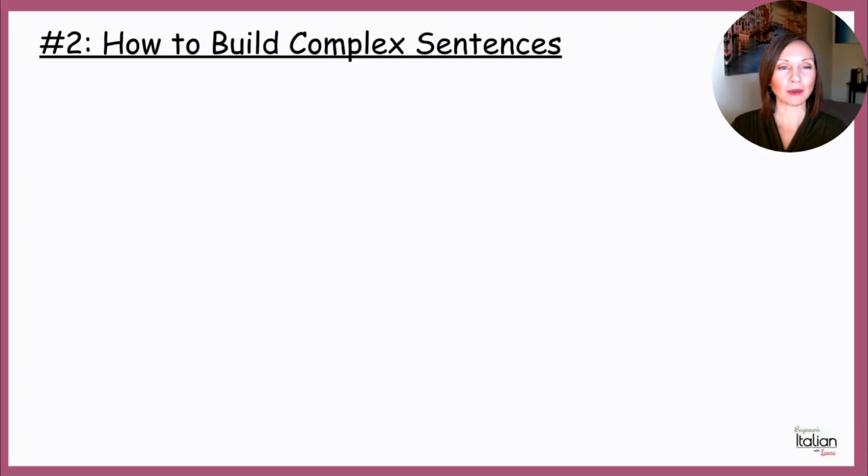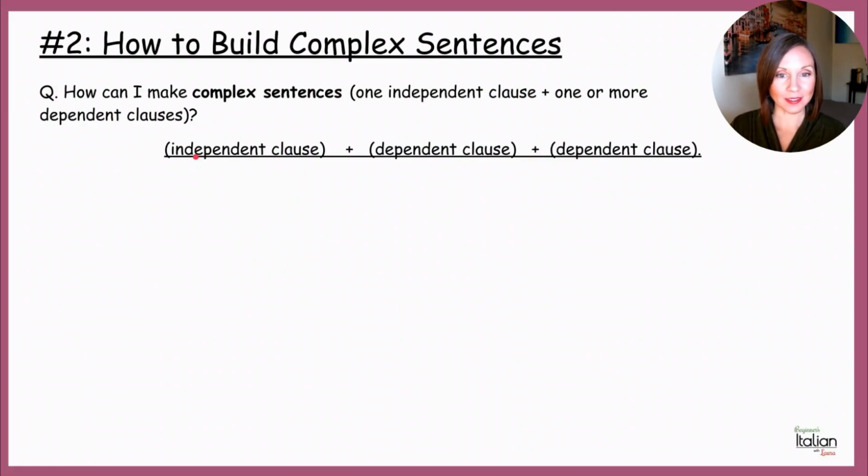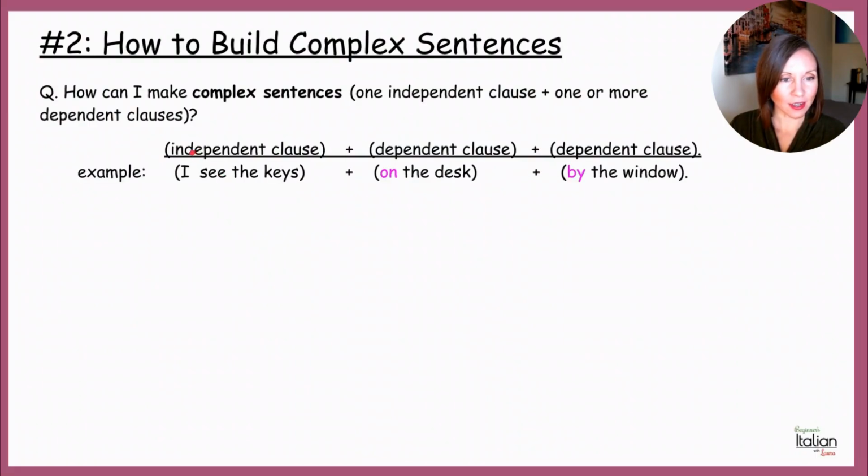Number two, how to build complex sentences. So how can I make complex sentences, which means one independent clause plus one or more dependent clauses? Let's look at an example here. An independent clause in this case would be I see the keys, because this can stand on its own. It's independent.